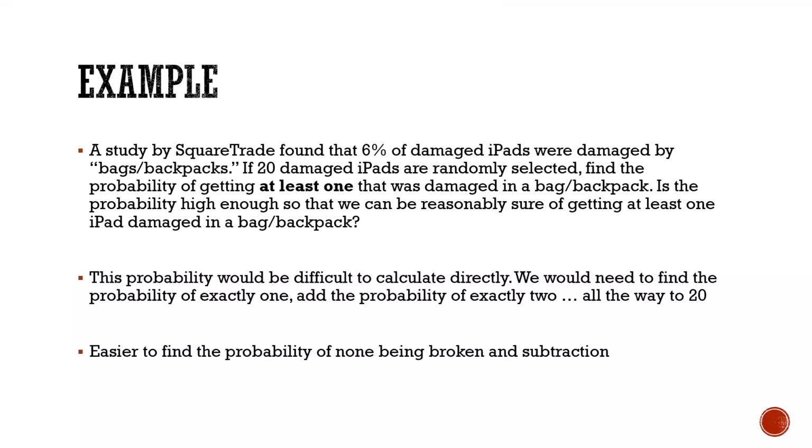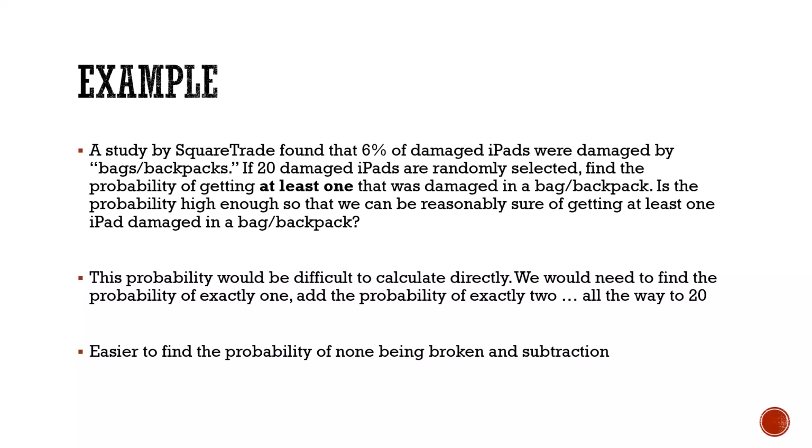There's a study. I've seen lots of students in my time with damaged phones, etc. Of damaged iPads, 6% of iPads were damaged by bags or backpacks. So let's say I randomly choose 20 damaged iPads.